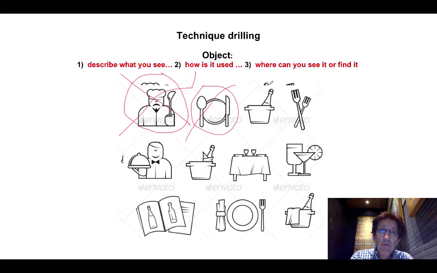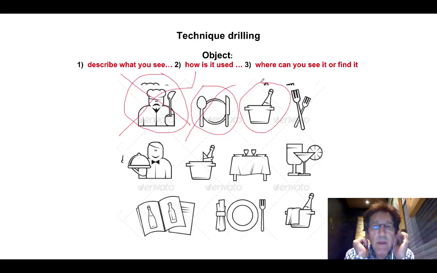Okay, how about the next one? Are you familiar with that? Yes. Okay, go ahead. There is a small basket, which is filled with ice, and inside the bucket there is a bottle, and inside the bottle is maybe alcohol.